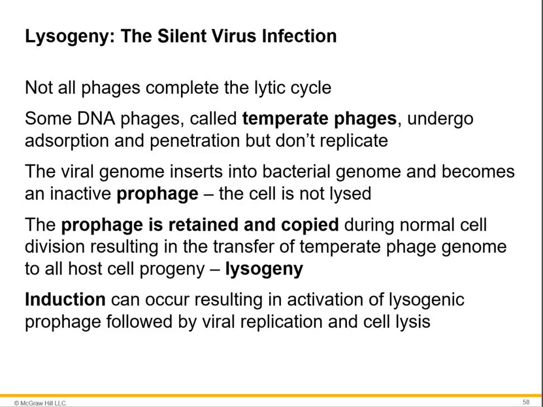So this means that all of the progeny of the host cell are going to have the prophage in their genome. This is lysogeny. At some point, induction can occur, and induction results in activation of the prophage. And then the virus re-enters the viral multiplication cycle, undergoes viral replication and then lyses the cell.